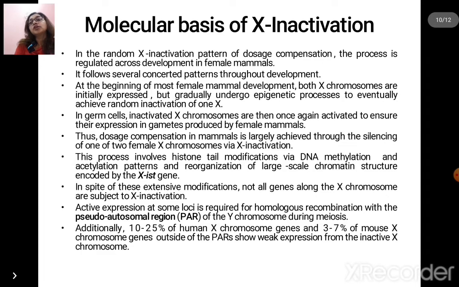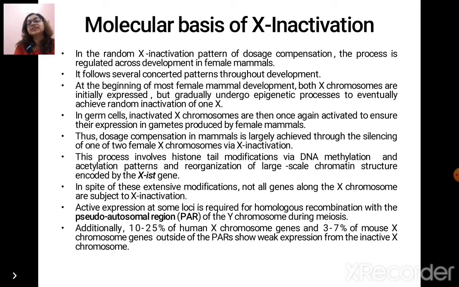Now, what is the molecular basis of X inactivation? In a random X inactivation pattern of dosage compensation, the process is regulated across development in female mammals. It follows several concerted patterns throughout the development. At the beginning of most female mammal development, both X chromosomes are initially expressed, but gradually they undergo epigenetic processes to eventually achieve random inactivation of any one of the X's.